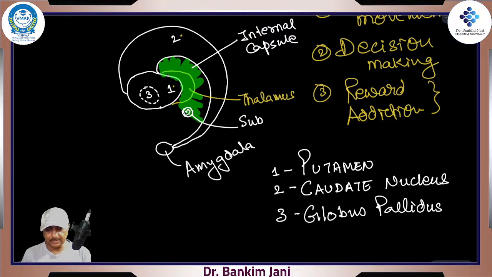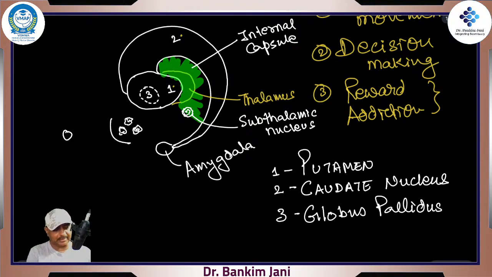So easy, just underneath the thalamus, because thalamus is above, so this is below, subthalamic nucleus. And then there is a small group of nuclei present over here, basically olfactory and then pallidum, etc. But right now we don't worry about it.